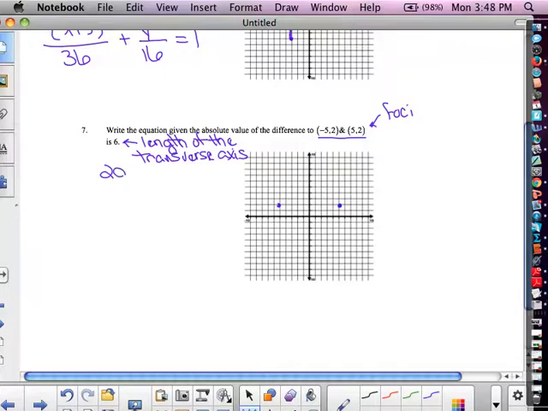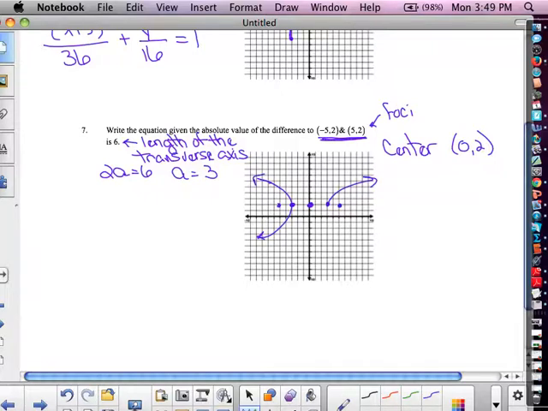Or 2a is equal to 6, therefore a is equal to 3. Again, find the midpoint of the two foci, and that's going to be at 0, 2. So the center is at 0, 2. The length 2a from the center to a vertex, so you have a vertex at 3, 2 and -3, 2.